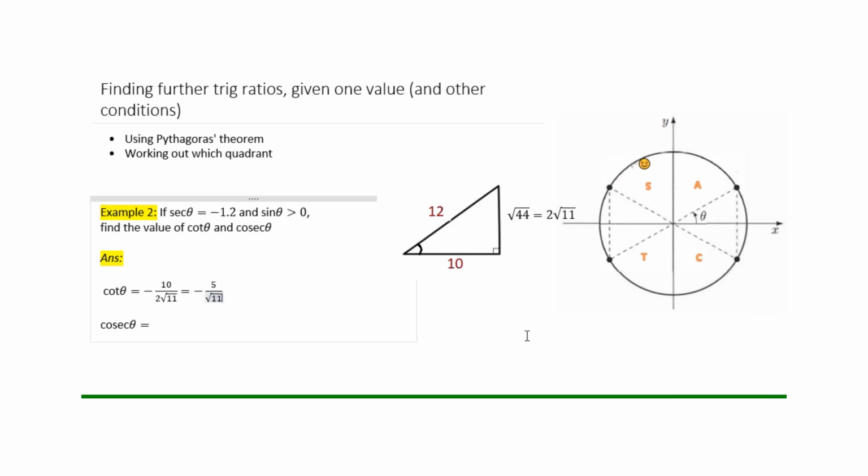Now cosec. Cosec is 1 over sine, so it's related to the sine ratio, and in our second quadrant, sine is positive. So cosec theta should be positive as well.